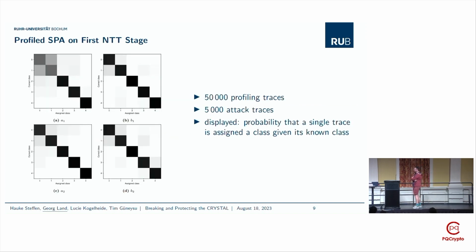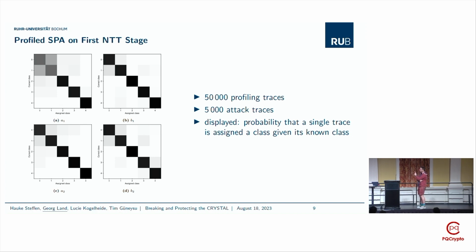And those are the results, and as you can see, that's more or less as we expected. A1 has a confusion map that is slightly worse than the others. For this attack, we used 50,000 profiling traces, which is not a lot, I think. What you can see here is the probability of classifying each coefficient correctly with a single trace attack.